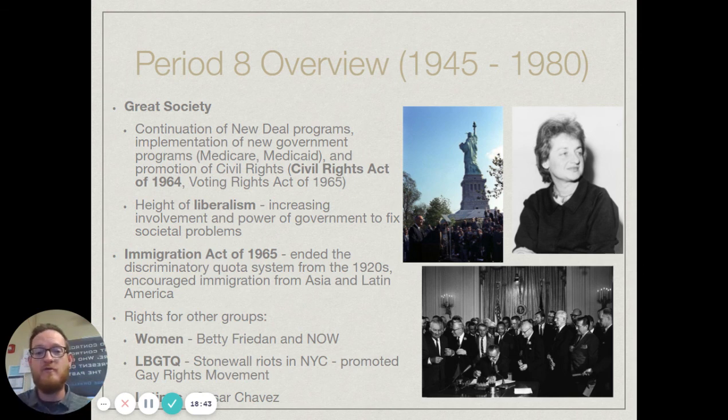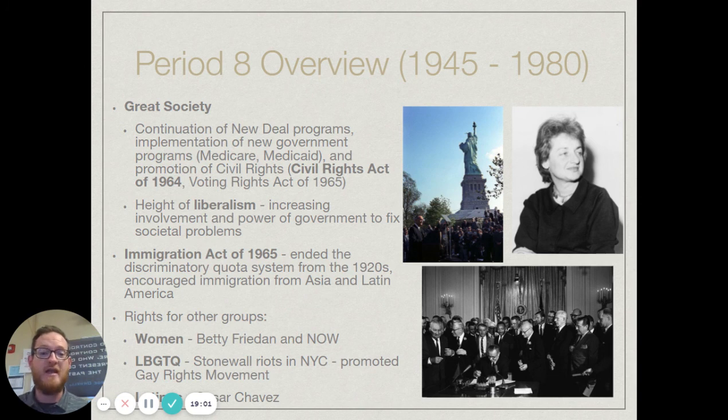You would have the women's movement with Betty Friedan, who writes The Feminine Mystique, which challenges some of those traditional gender roles that you had seen, a lot of which you had seen on TV during the 1950s and the 1960s with the TV shows.